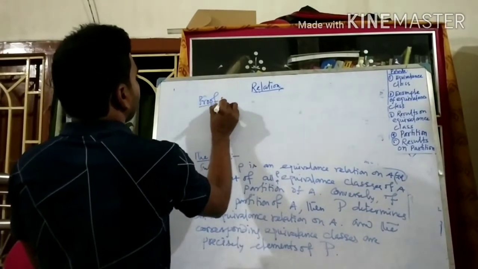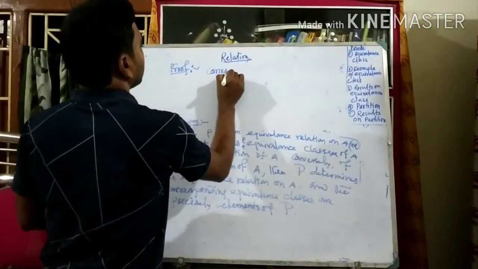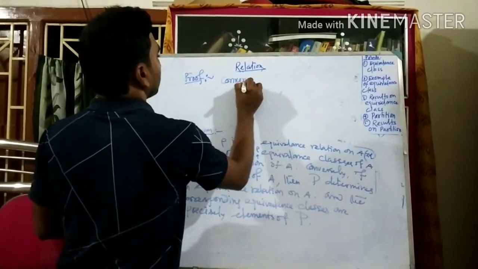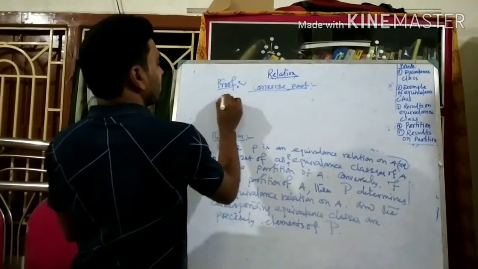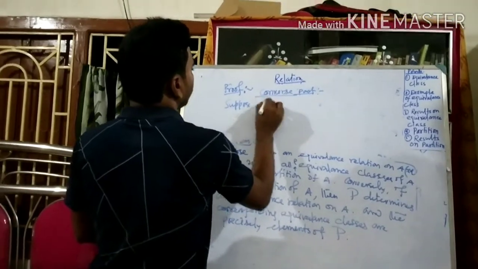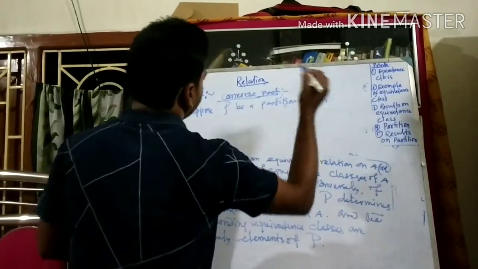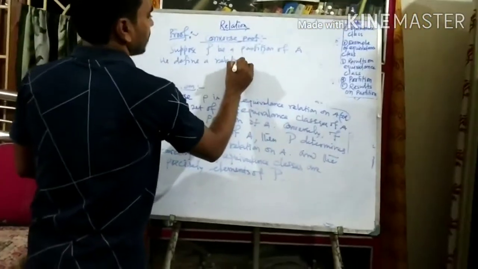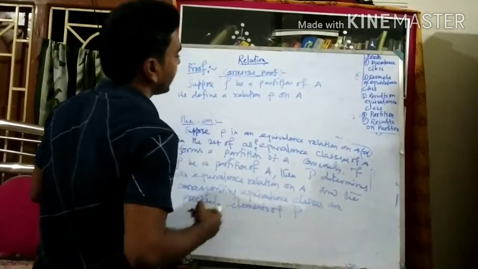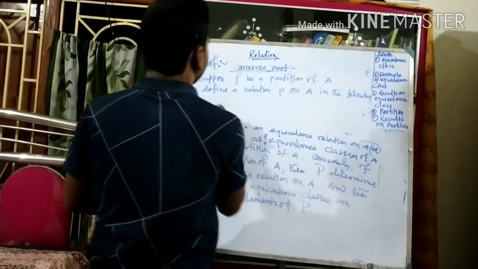Proof. Converse. Suppose P be a partition of A. Okay, we define a relation rho on A in the following way.